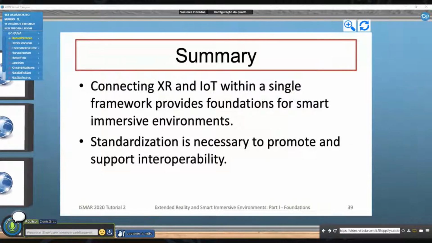So in summary, what we have covered in part one is how we can connect extended reality and Internet of Things within a single framework to provide a foundation for smart immersive environments.